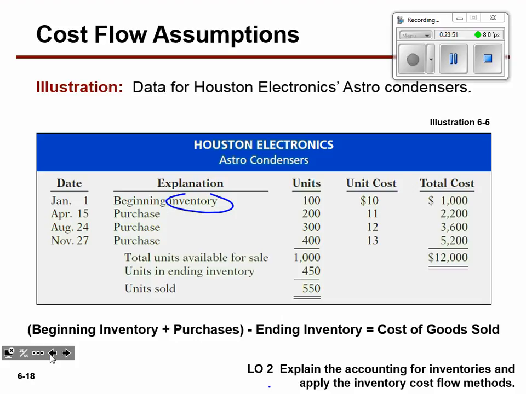Yes, because then a few months later, we bought 200 and the price went up $1. August 24th, we bought more stuff, price went up another $1. So here's our stuff, here's our cost, and then in November we bought more.